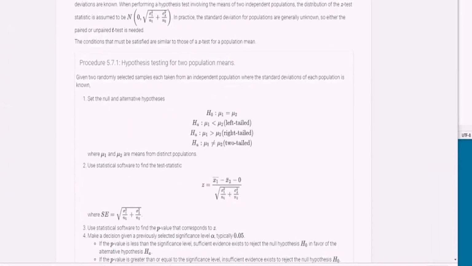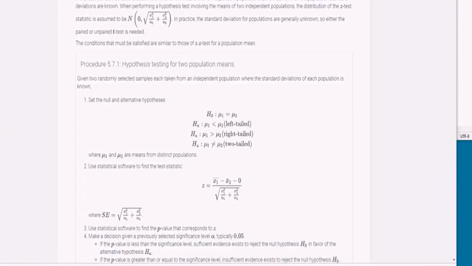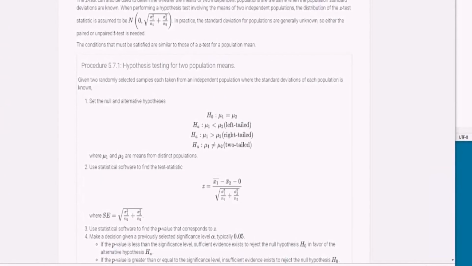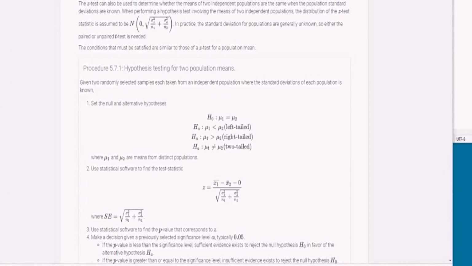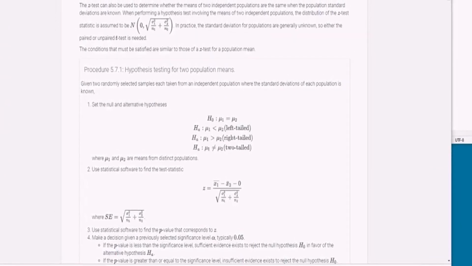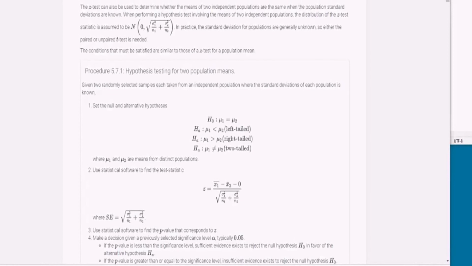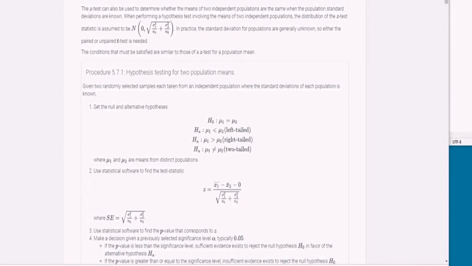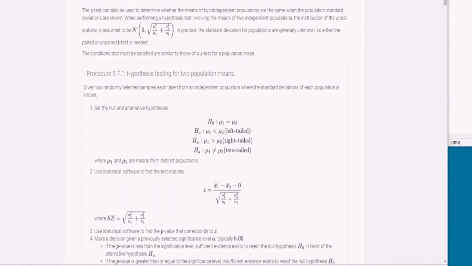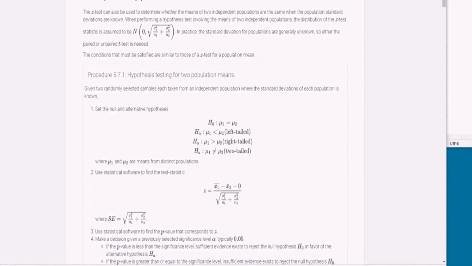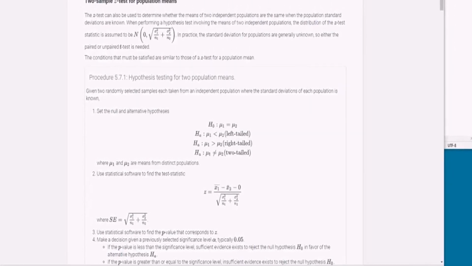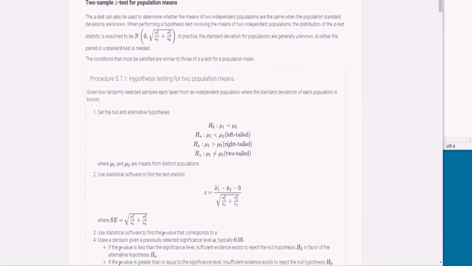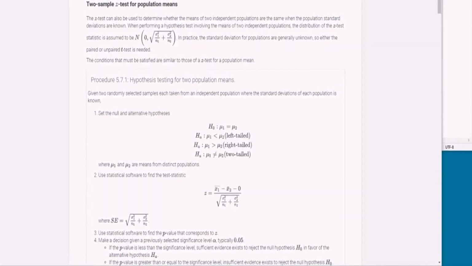Correct. Okay. So essentially what we're doing here then is we have two populations and we are testing whether the means of those two populations are different, or in other words, significantly different or not. And when we talk about the concept of significantly different, we mean in terms of the statistical significance.